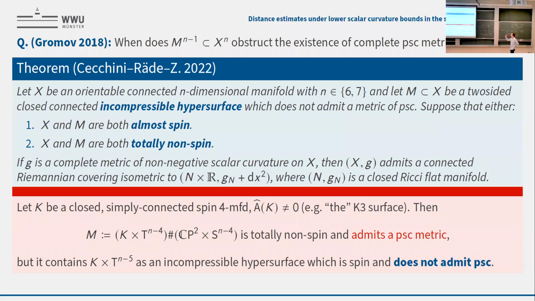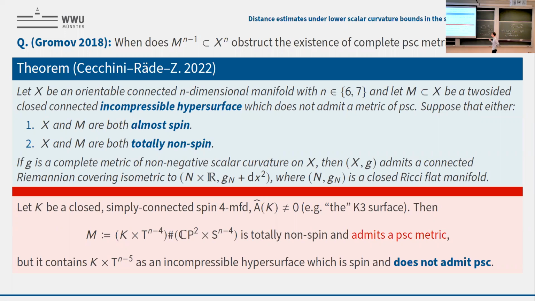But I will just mention at the end that this result is joint with Cecchini and Räde. We now use a geometric measure theory approach using mu bubbles to prove this, but you cannot do this without a spin condition.